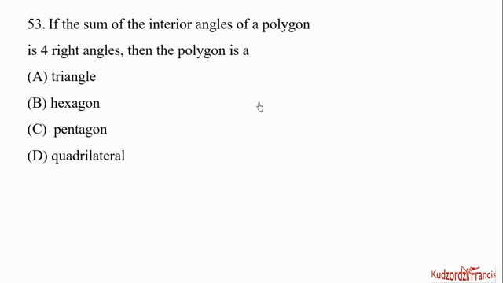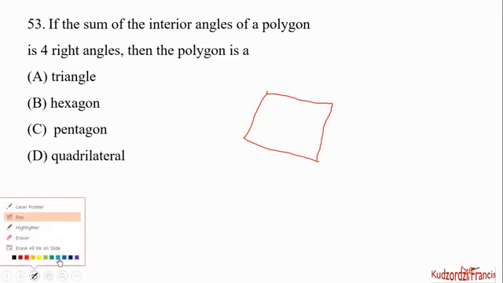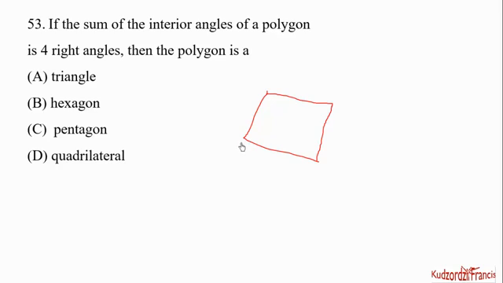So we know that if you have a quadrilateral, we can find 2 triangles in it. We connect one of the vertices to the opposite vertex without any line intersecting.